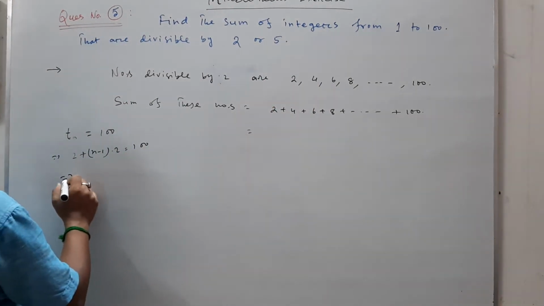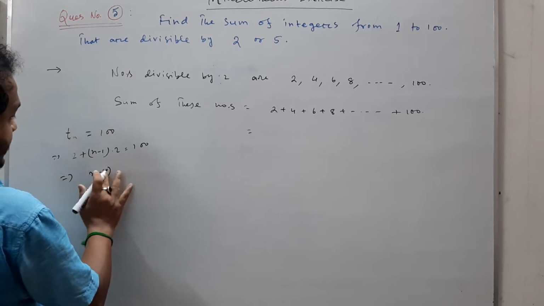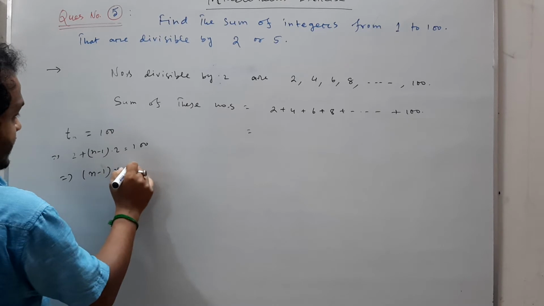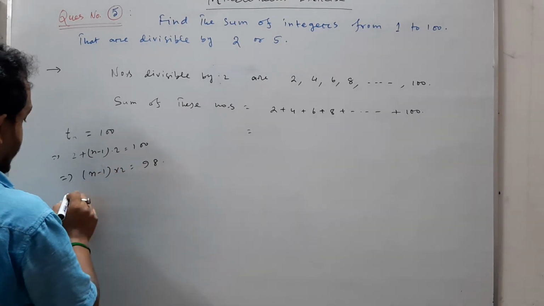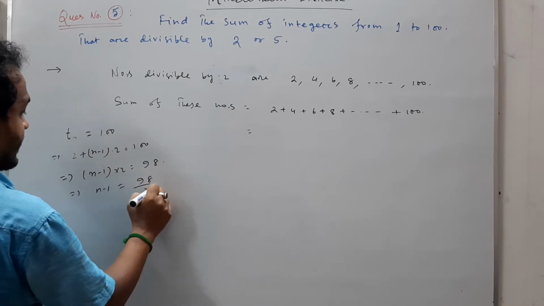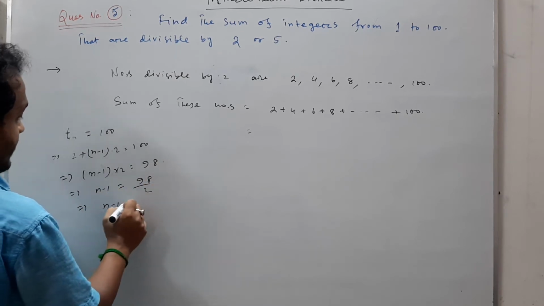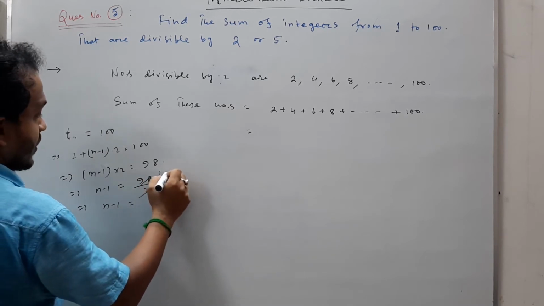Now this implies that n minus 1 into 2 is equal to 100 minus 2, that is 98. That is n minus 1 is equal to 98 by 2, that is 49.